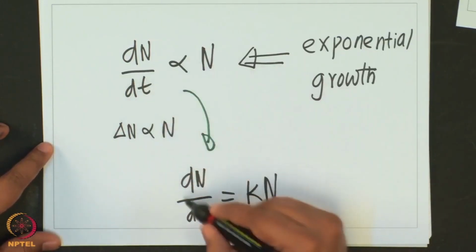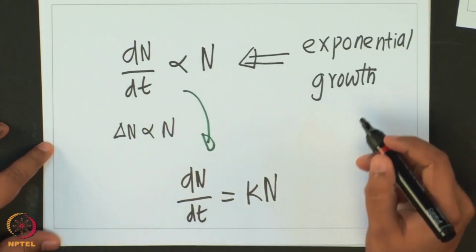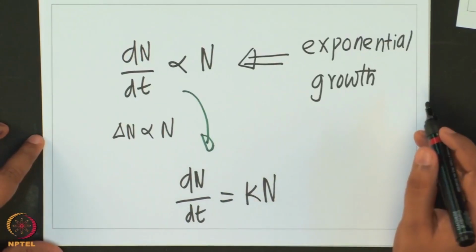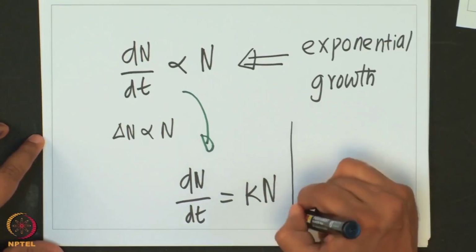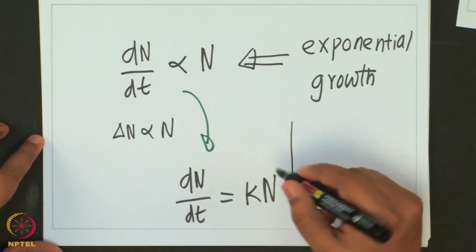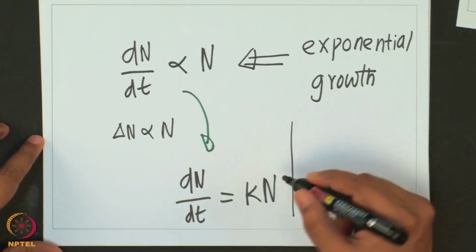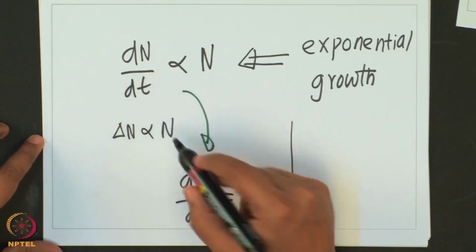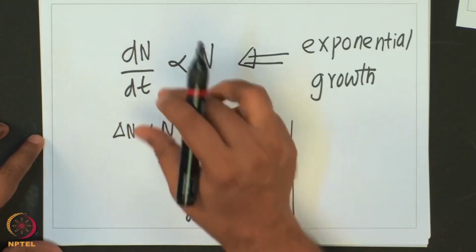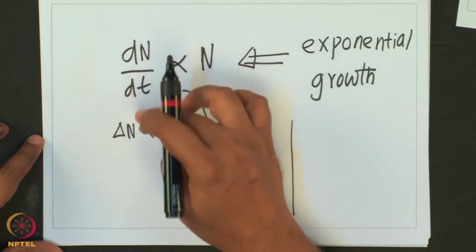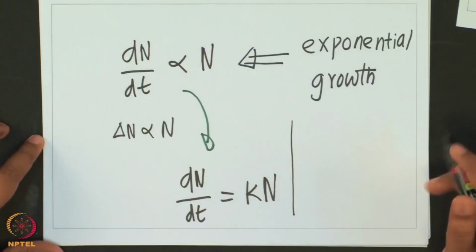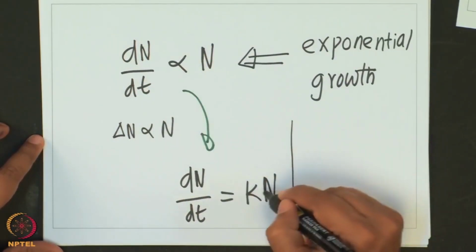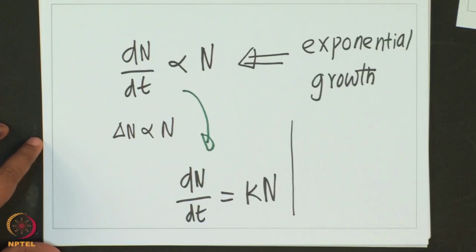This is an equation directly coming from this simple observation that the more number you have, the more would be the change, and since delta n is proportional to n, within a given time of delta t, dn by dt or delta n by delta t is proportional to n, therefore dn by dt would be k times n.